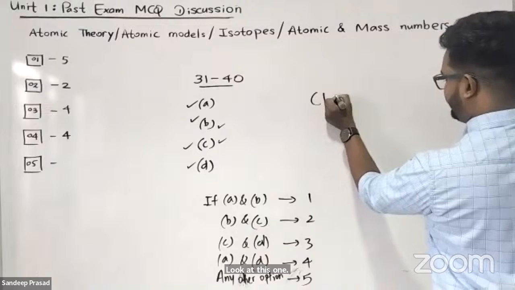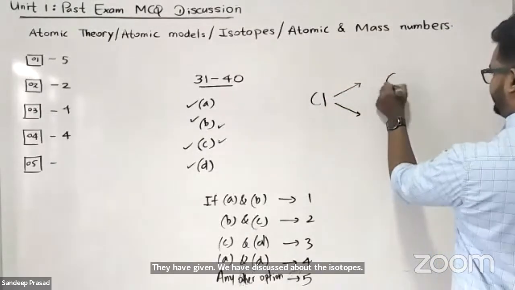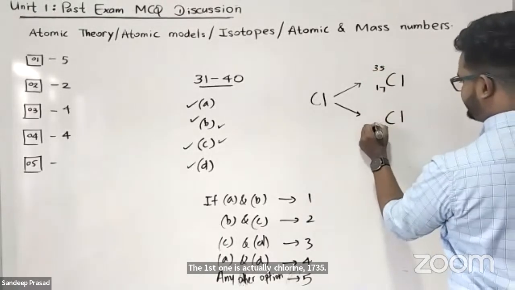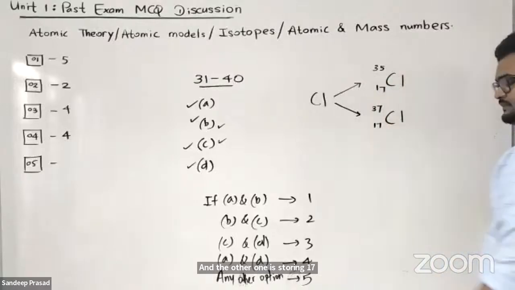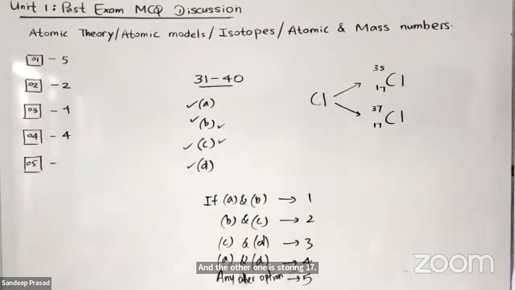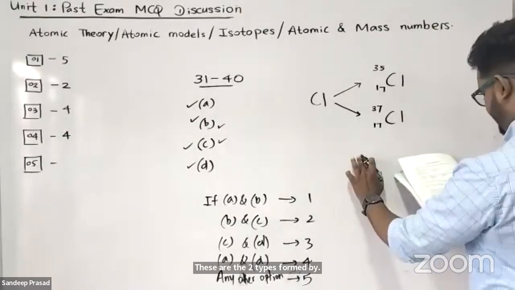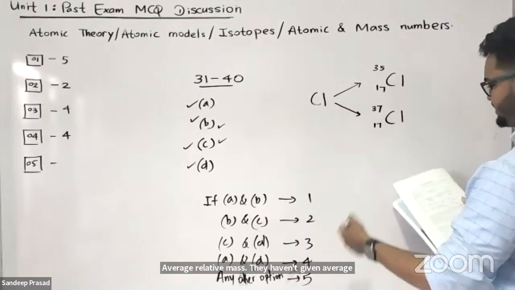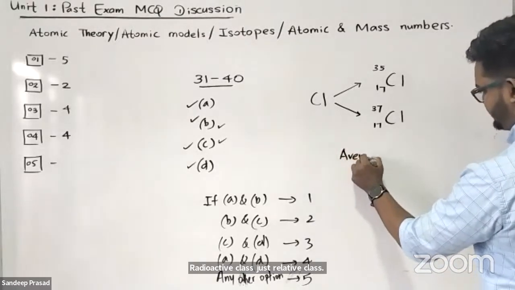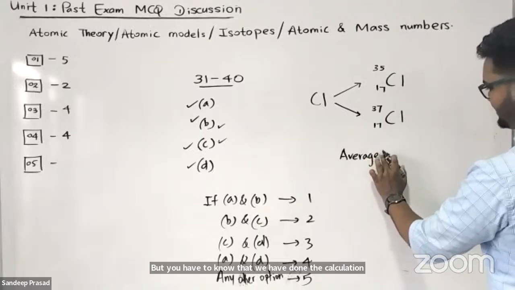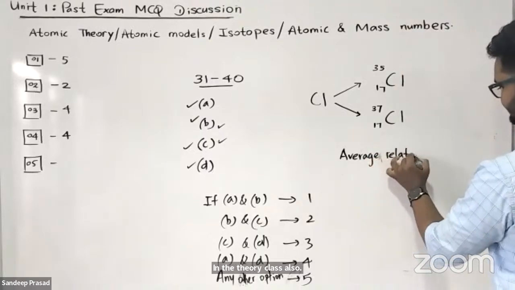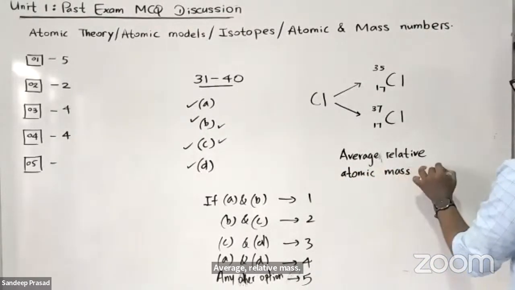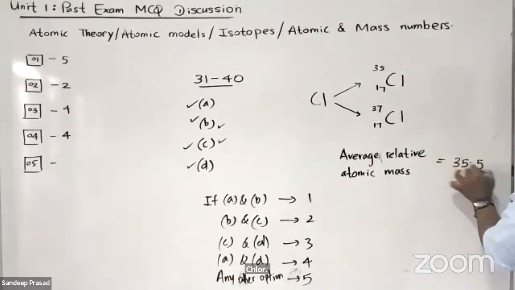Remember students, chlorine mainly forms 2 types of isotopes: chlorine 35 and chlorine 37. They haven't given the average relative atomic mass, just the relative atomic mass, but we have done the calculation in the theory class also. The average relative atomic mass of chlorine is 35.5.